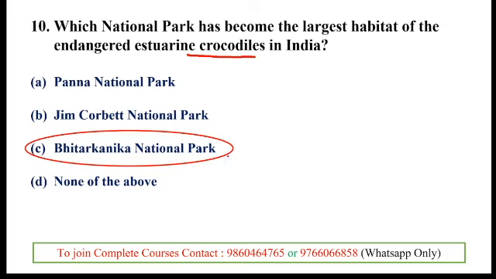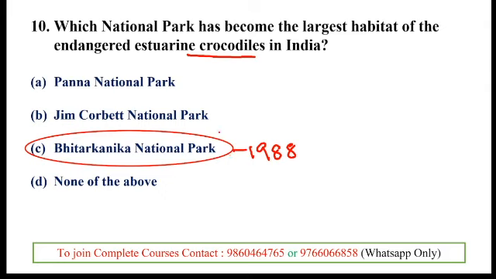It was declared a national park in the year 1988. It's located in the estuary of the Brahmani, Baitarani, Dhamra, and Mahanadi river system. So note that the largest habitat of the endangered estuarine crocodiles is in Bhitarkanika National Park.